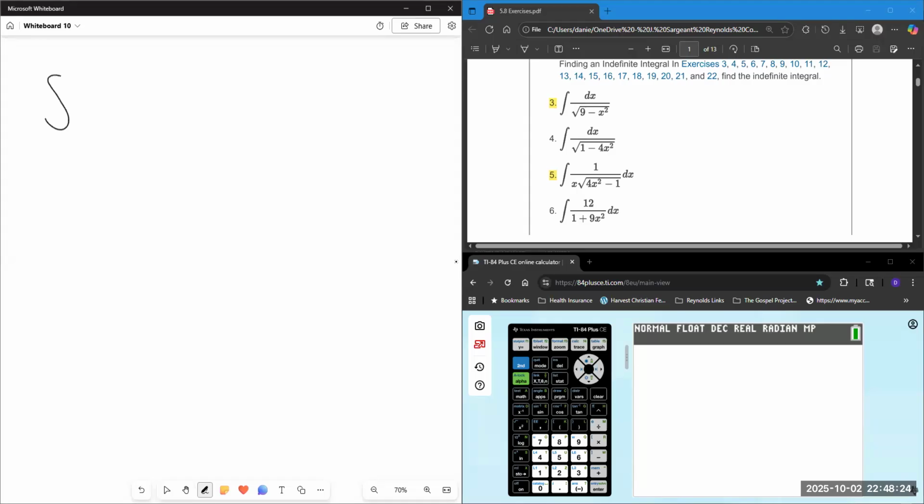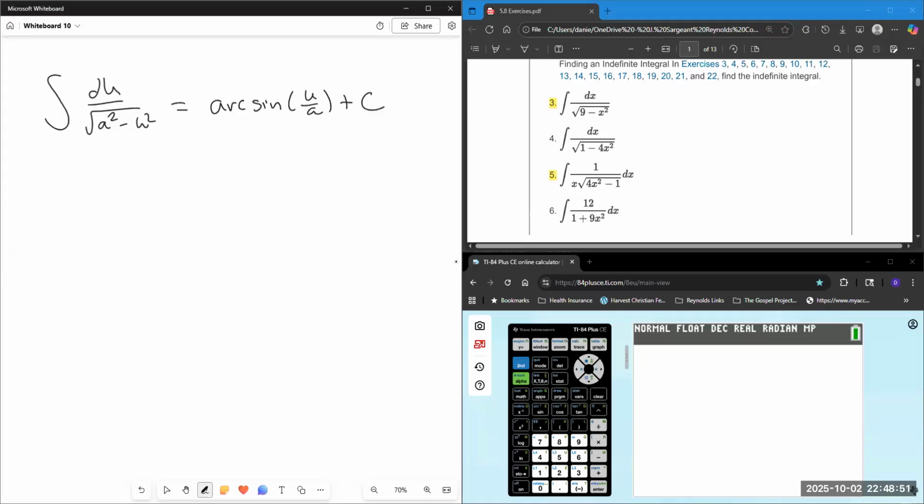So we can have du over root a squared minus u squared is equal to arc sine of u over a plus c. So that's form number one.